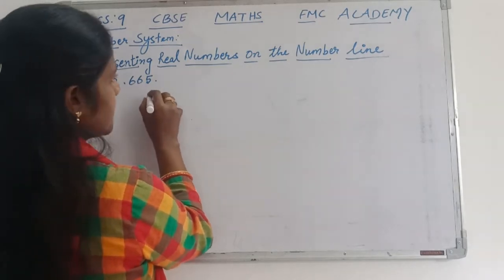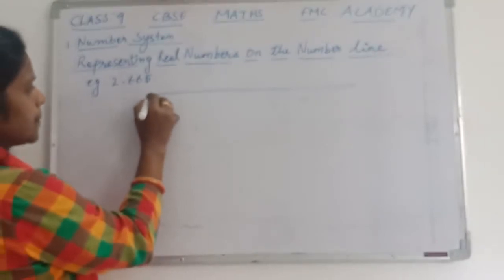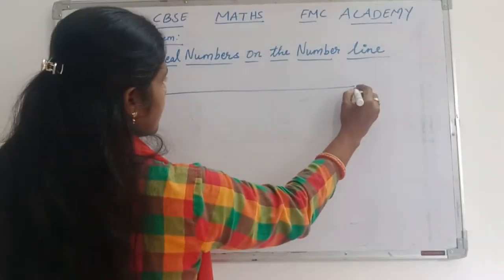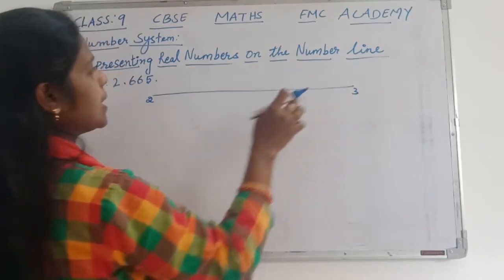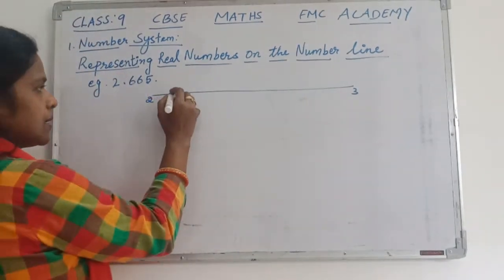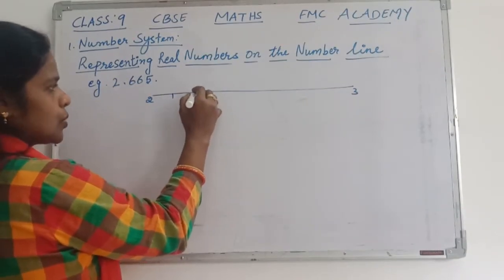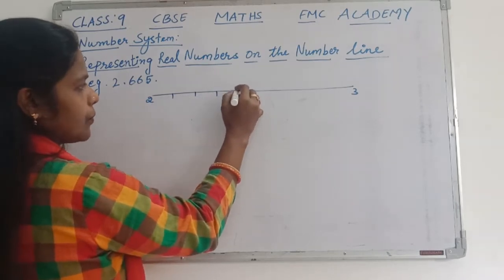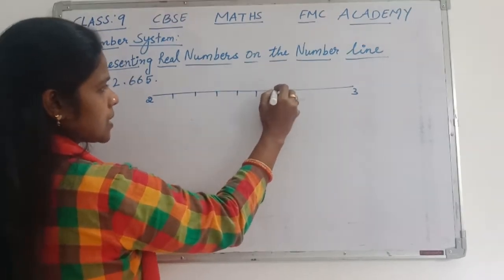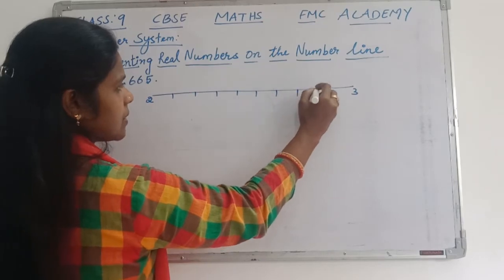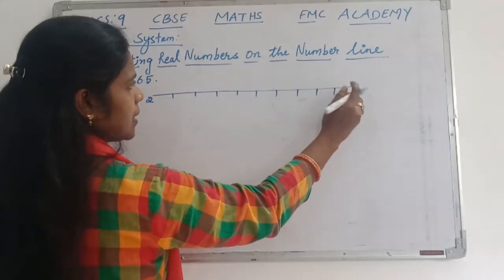Step number 1. I am taking 2 here and 3 over here. Now between this 2 and 3, I am going to make 10 equal parts: 1, 2, 3, 4, 5, 6, 7, 8, 9, and this will be 10.